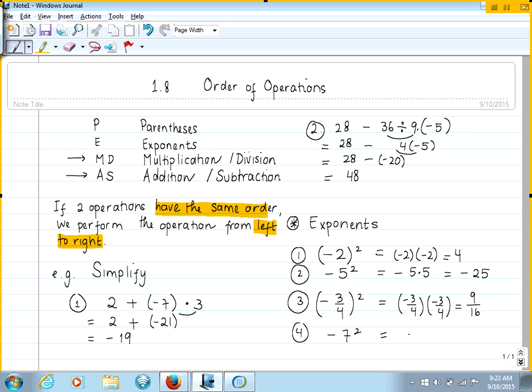Good. And the last one? 49, negative or positive? Negative. Why is it negative? Because the square only applies to the 7. But what happens to the negative? So we just copy it. Negative 7 times 7. So this is negative 49.